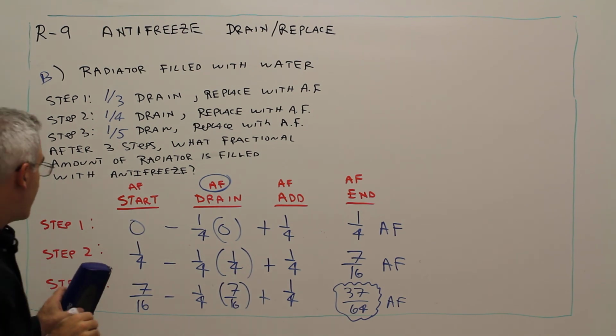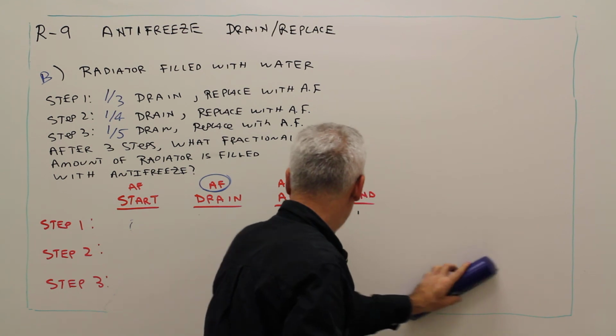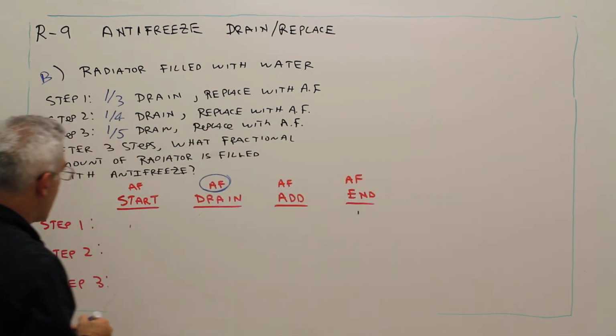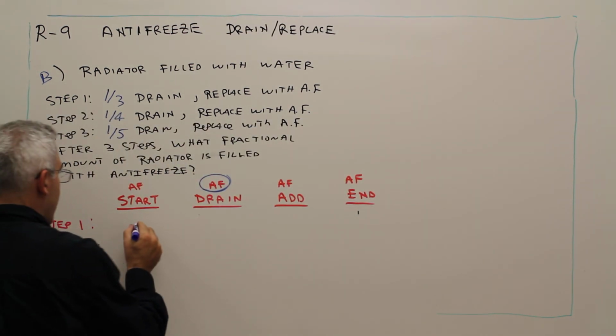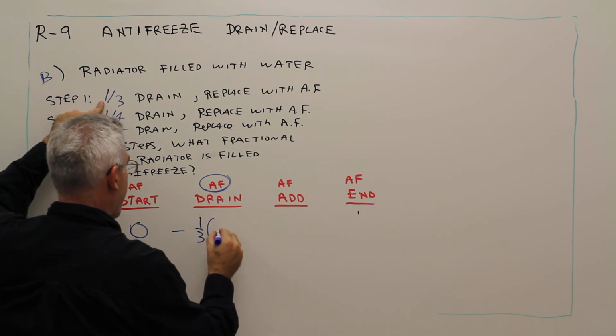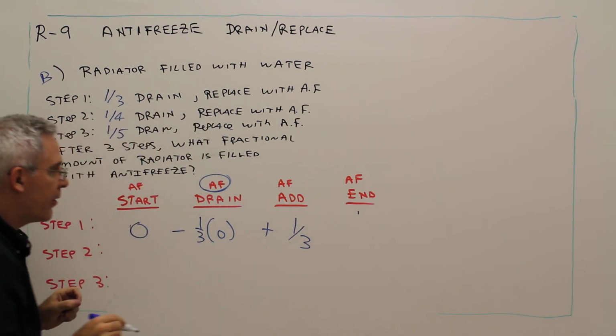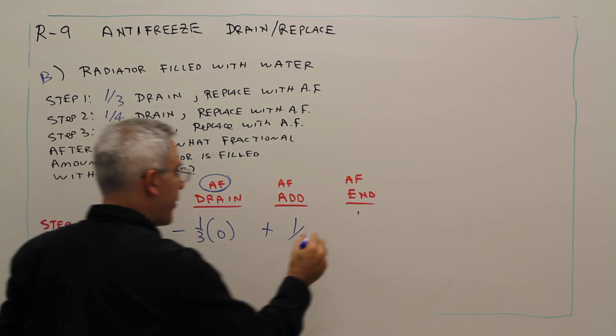All right, so I'll keep this chart up here. So again, 0 minus 1/3 of 0 plus 1/3. And that'll get us to 1/3.